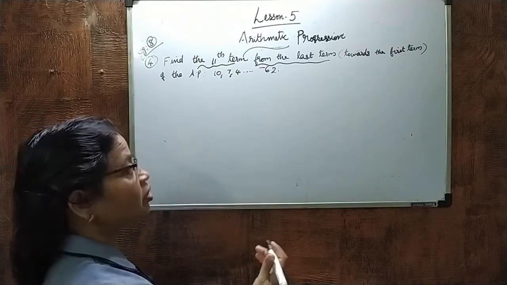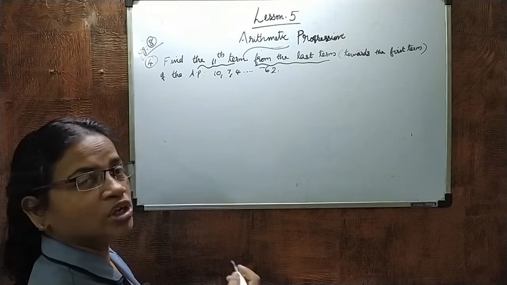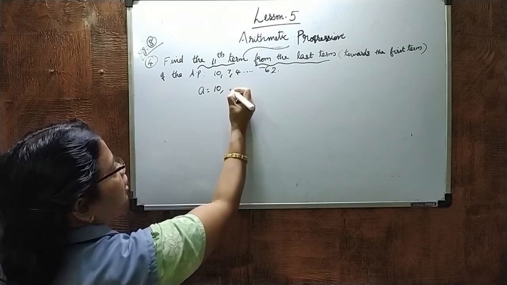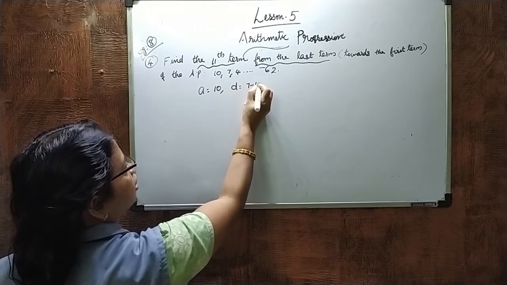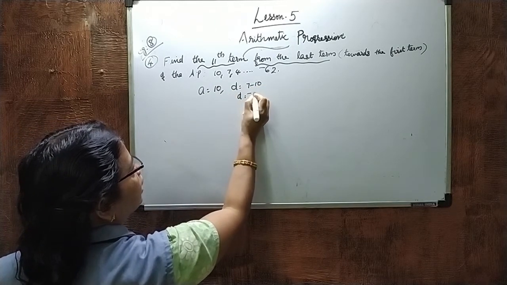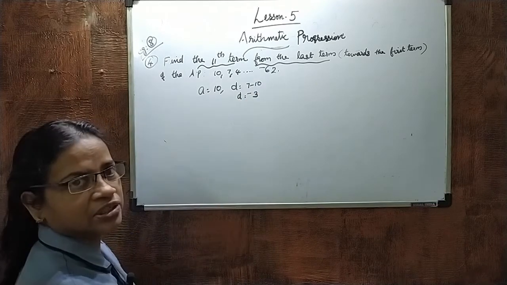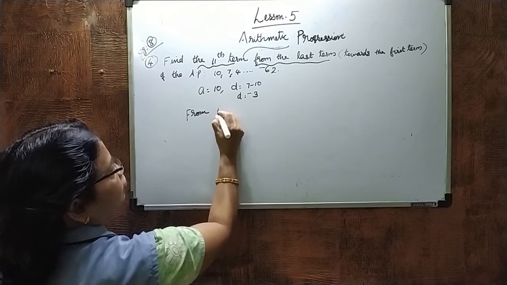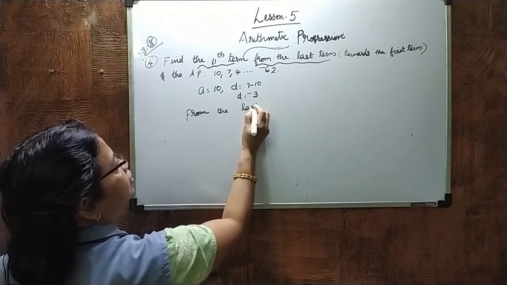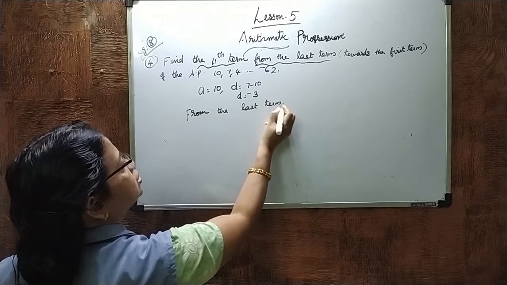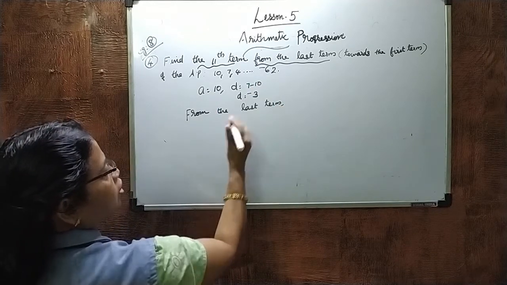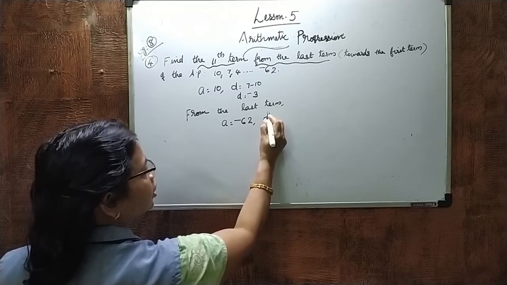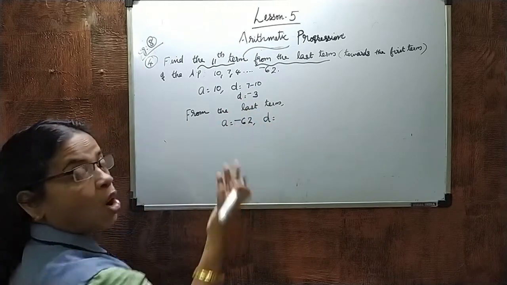So, from the front, what will happen? What all things we have? A is equal to 10. D equals 7 minus 10. You will get the answer negative 3. So, from the back side, from the last term, A becomes negative 62 and D you have to take as the opposite sign.